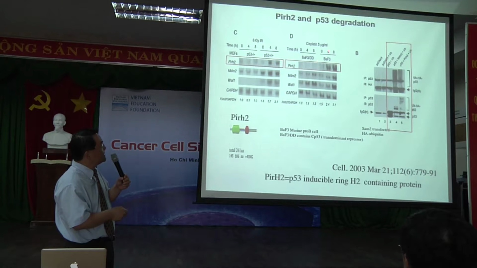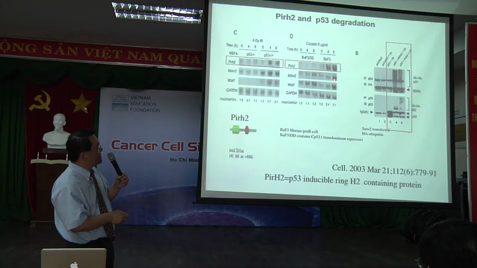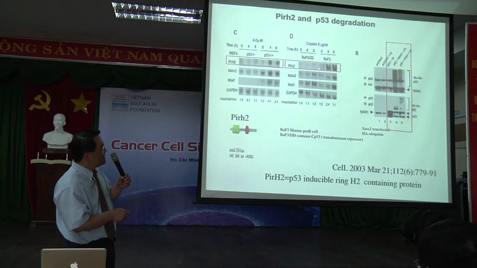You can see, treat your cell with cisplatin, the P53 is up, and thereby causing some target genes to be upregulated, including WAF1, which is P21, including MDM2, which is another P53 target as well, including PIRH2.